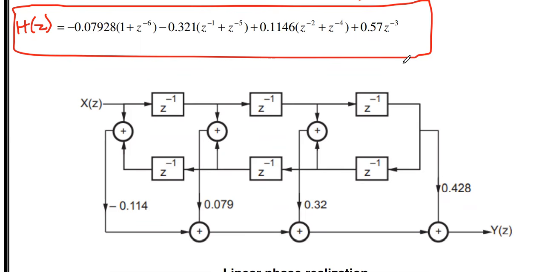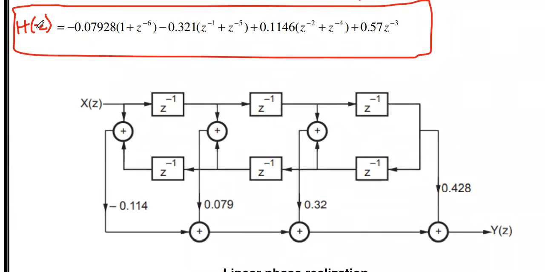If you want to learn how to realize this FIR filter in linear phase realization, transversal realization, or cascade realization, in my channel, in the name of discrete time signal processing or digital signal processing, the playlist is there. In that playlist, all videos are available. I will give a link for that playlist in the description box also, and similarly for this realization problem. You can refer to it.